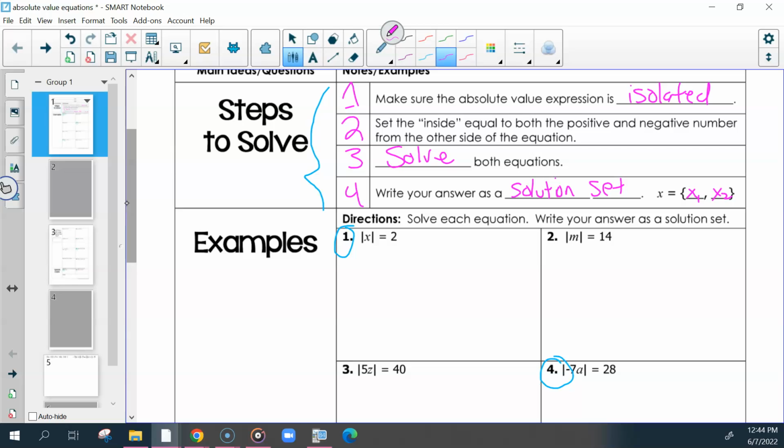So if we had example 1, this is already isolated, so we don't have to do anything. The only thing on the inside is x, so we're going to set this equal to a positive and negative version of 2, and we're going to write it as one condensed equation. Negative 2 equals x equals 2.